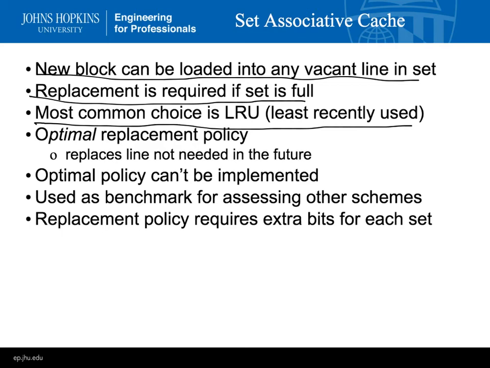For the optimal replacement policy, you don't want to replace something that will be accessed again, because you might want to access it again. But it's difficult to know that, and difficult to keep a record of which line was most recently used. But we'll look at an approximation of least recently used coming up.